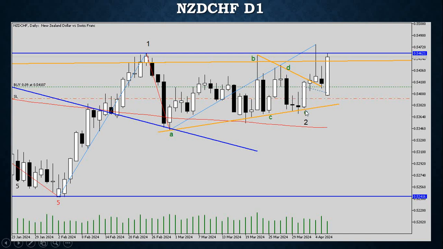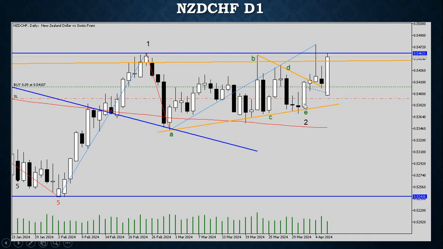After the completion of this wave E, the market just formed this strong bullish candlestick. The formation of this strong bullish candlestick was the formation of the morning star reversal candlestick pattern, because the morning star candlestick pattern is supposed to be formed by a bearish candlestick and then the doji, and after that it's supposed to be formed by the bullish candlestick, and the bullish candlestick must be completed at least at 50% of the bearish candlestick.